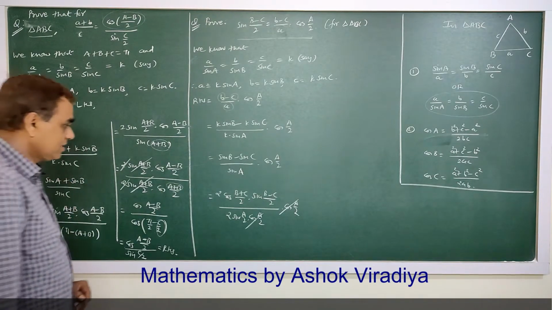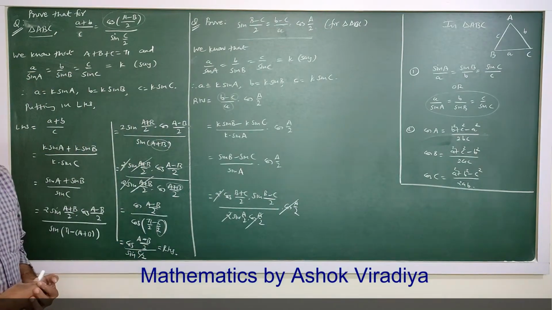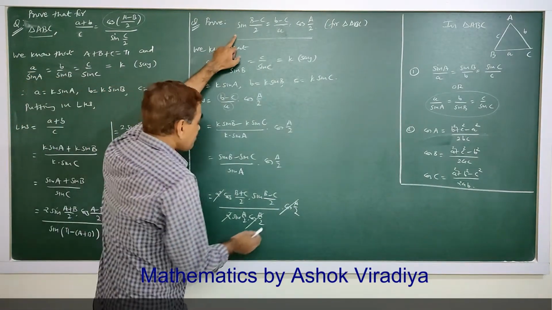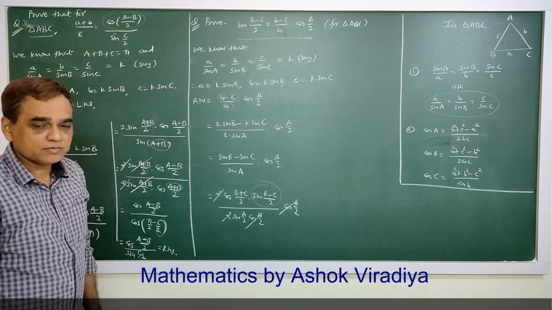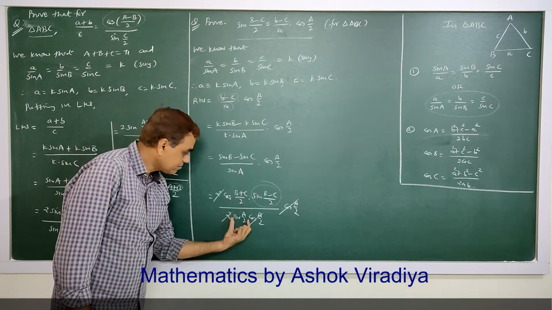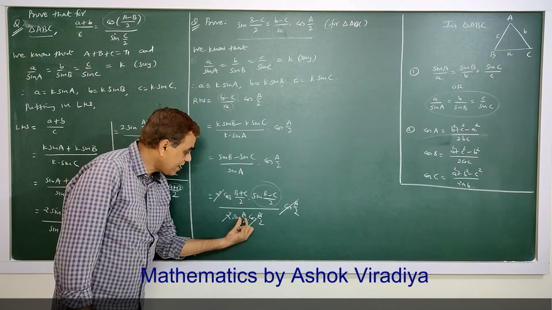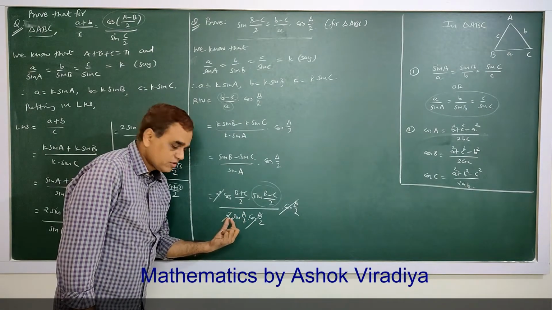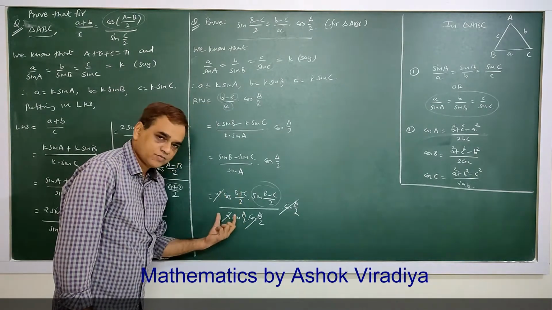Now see, this 2 is also cancelled. Here we require only sine of (B minus C) by 2. It means these terms will also be cancelled. Here this is (B plus C) by 2, here it is A by 2. So this will be cancelled if they have the same value.